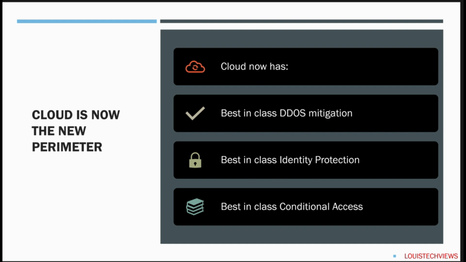When you think of the cloud, it really now has best-in-class DDoS mitigation available. So in most cases, through using capabilities in the cloud, you're going to be able to mitigate more DDoS attacks than you would with your own data center on premise, regardless of the size of your environment.